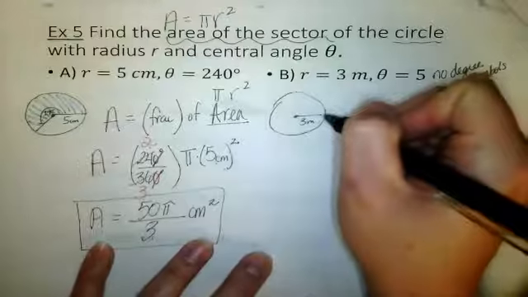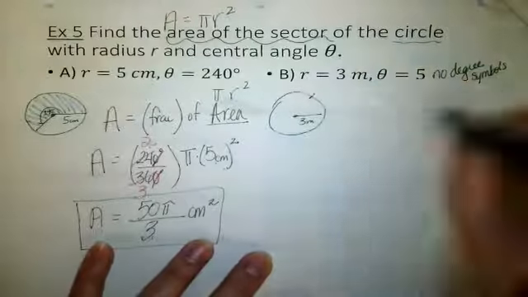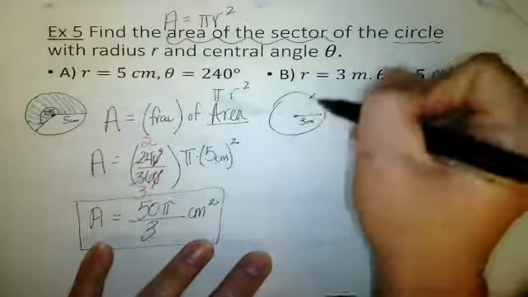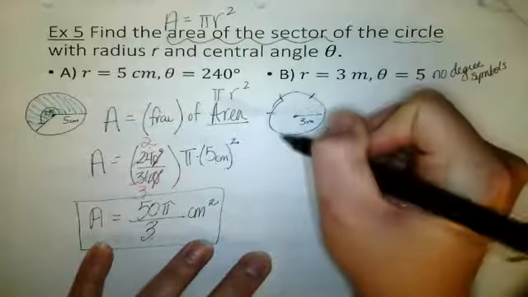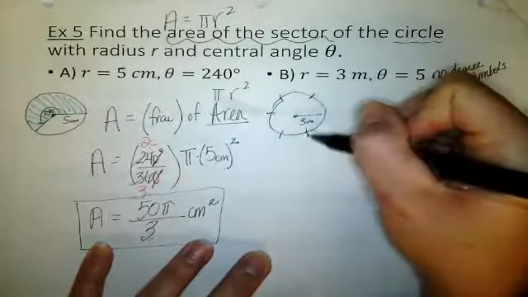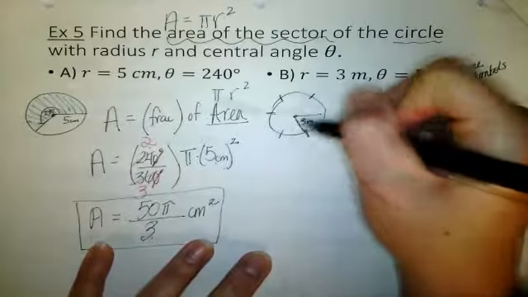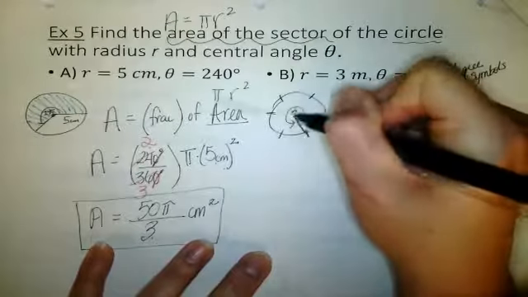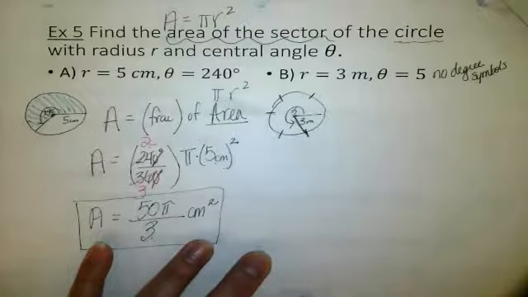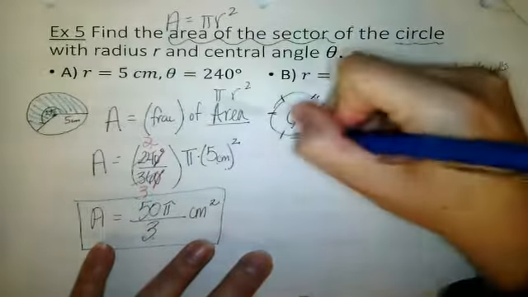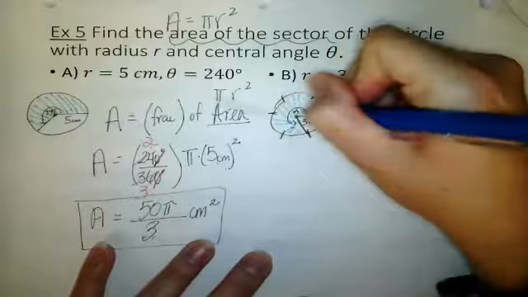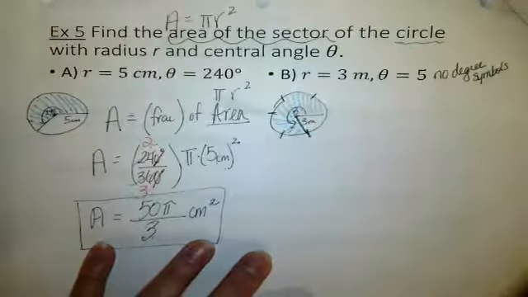So you can imagine one radius, this is the pipe cleaner thing we did. One radius is about there, another 3 is about there, another about there, and another about here. So this is our 5 radian angle measure. And again, we're trying to find this whole area, almost all of it there.